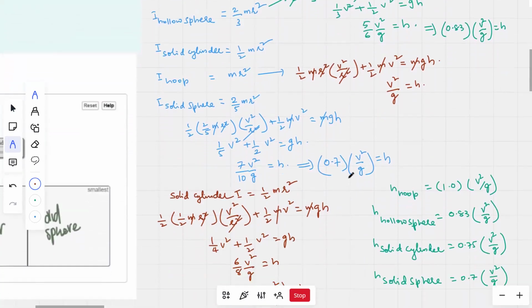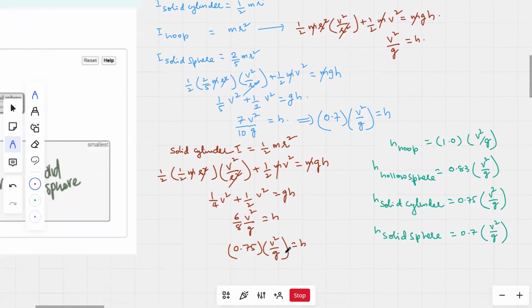For the solid cylinder, I is equal to half mr square. So half times half mr square times v square over r square, plus half m v square, is equal to mgh. So h is equal to 0.75 v square over g.